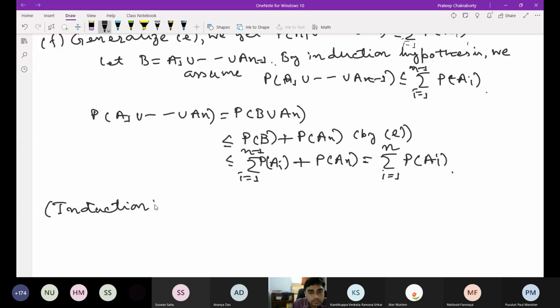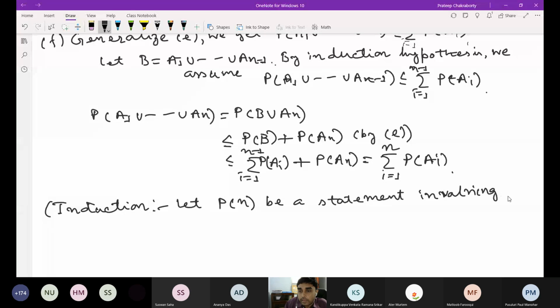So induction means, so Pn be a statement involving a natural number n. Okay. So I hope all of you know what is natural number.